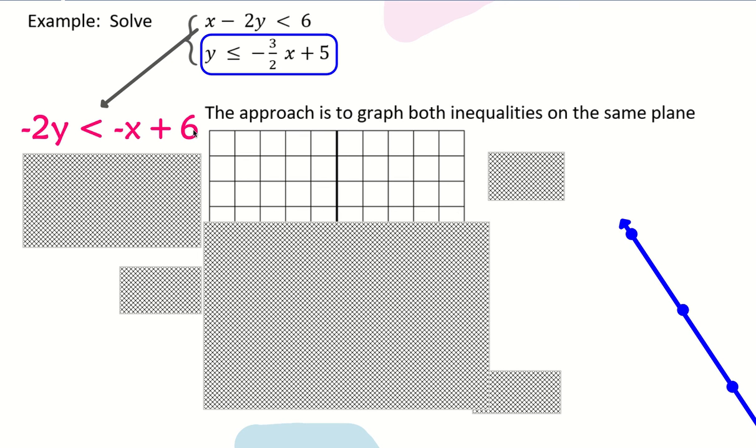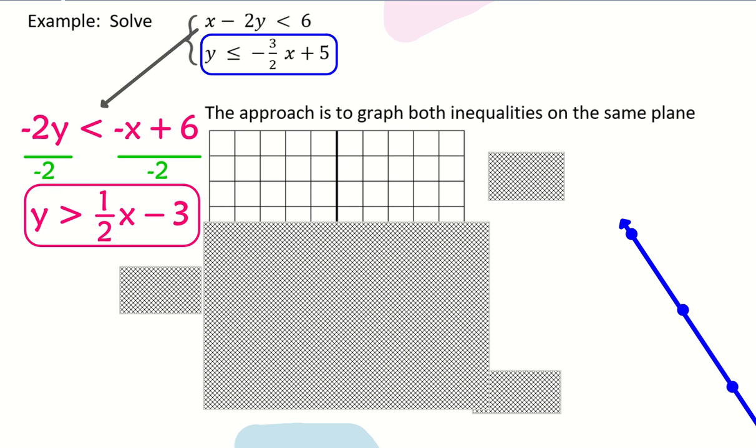So now it's negative x plus 6 over here. We still have a negative 2y. What's the next thing we would do before we can identify m and b, slope and y-intercept? We have to finish getting y by itself, so we divide both sides by negative 2.